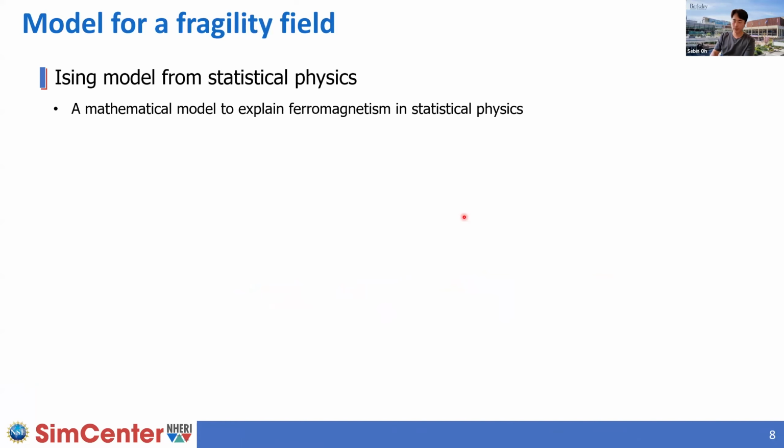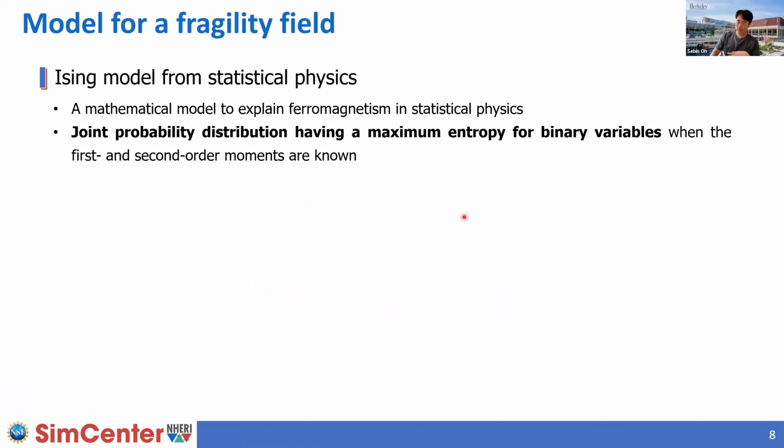This model was originally developed to explain ferromagnetism in physics, but from a statistical point of view, this is nothing but a joint distribution having a maximum entropy for binary variables when this information is given. Then what does maximum entropy mean, and what are the advantages of a probability distribution having a maximum entropy?